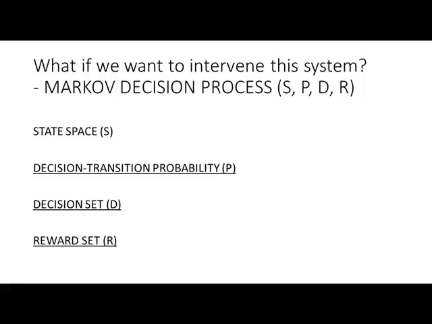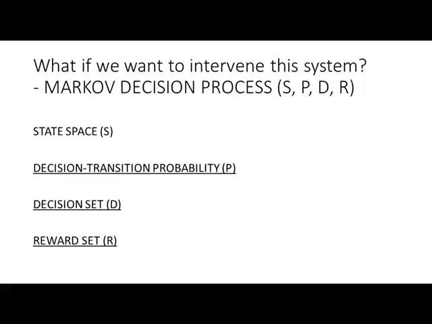S, P, D, R. S is what we have already discussed. It's the state space containing states which characterize the stochastic system. This stays the same as the Markov chain. And then the second very important component is the decision transition probability, the same as the Markov chain, right?